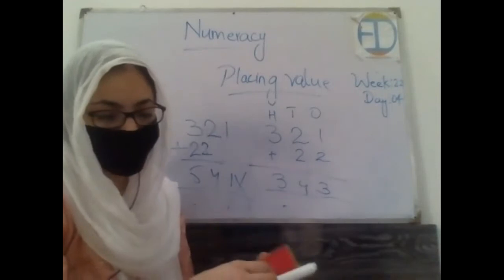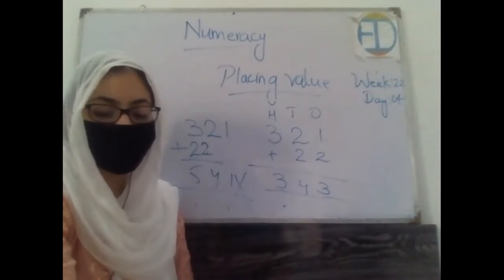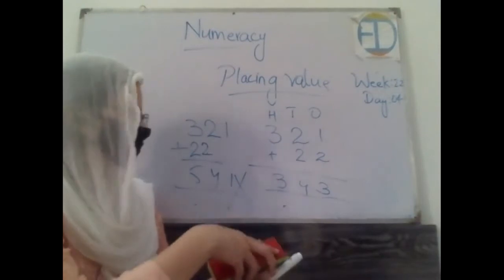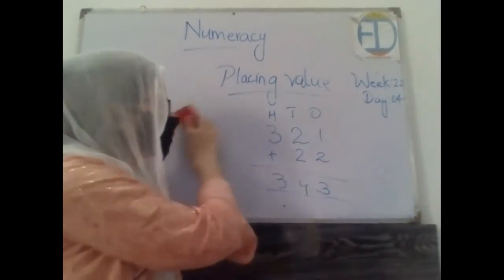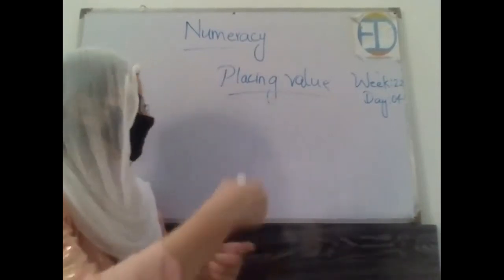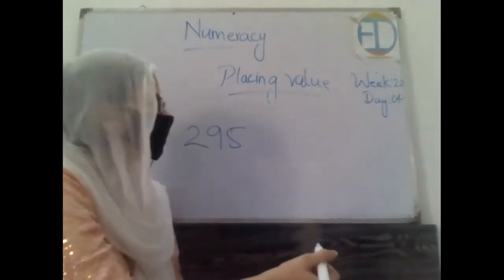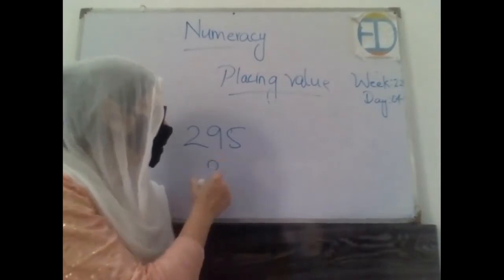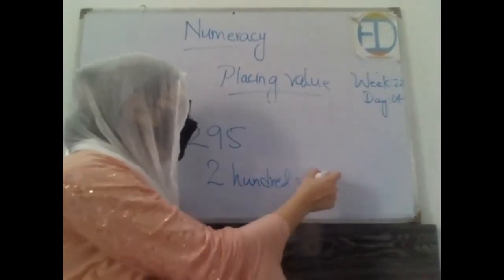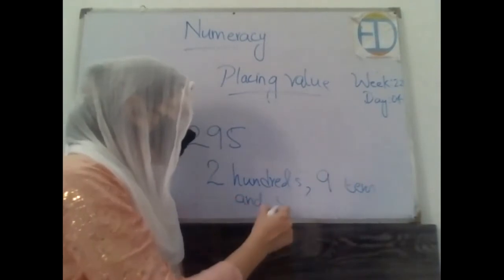So now, you are supposed to write the place values of the digits in the numbers, okay? Let's say the first number is 295, and I ask you to write the place value. You will write it as 200s, 9 tens, and 5 ones.